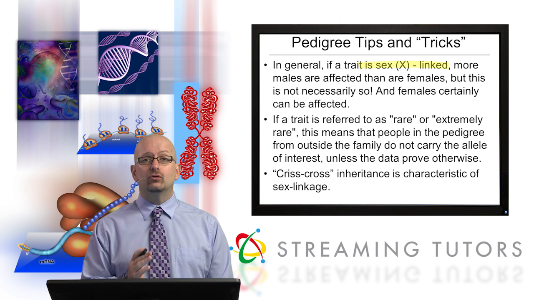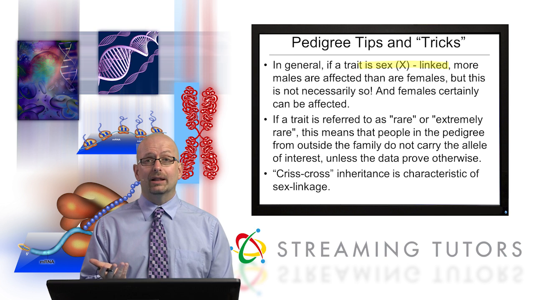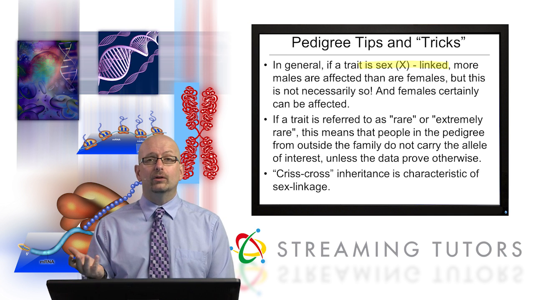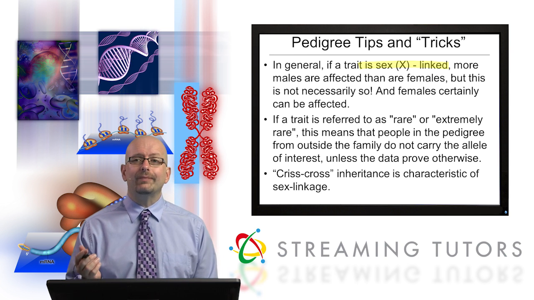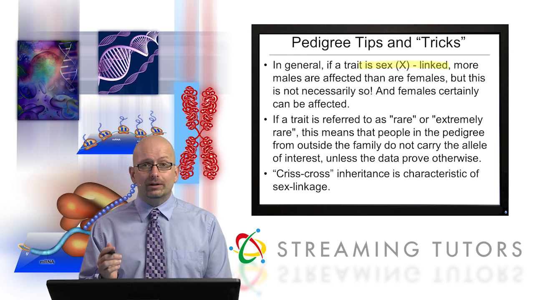It's not written in stone, but in real life, this is generally true, that more males are affected than females are. The reason is because since males only have one X chromosome, they have no other possible allele to shield the expression, especially if it's a recessive trait. It's not necessarily the case.